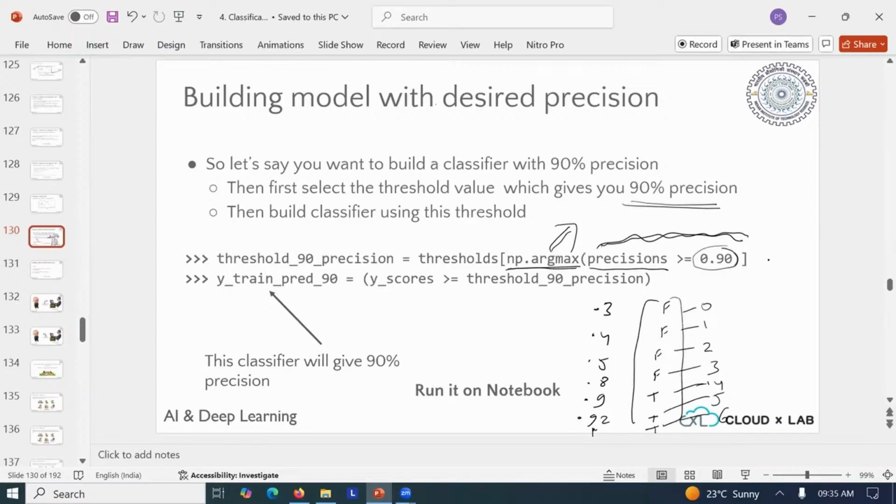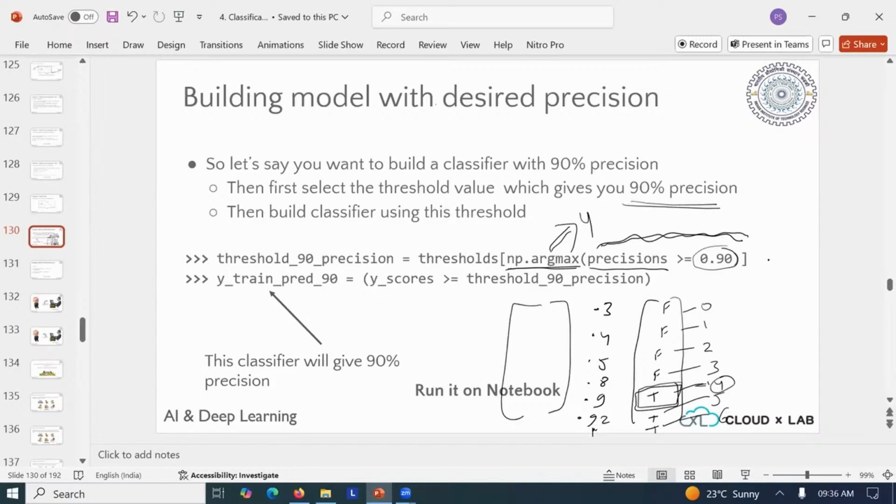So np.argmax will return the position where this condition is first true. Where is this condition first true? Here. At this position we have the condition first true, so it will return position 4. After calling np.argmax, we will get index 4. Now we will have corresponding threshold values.